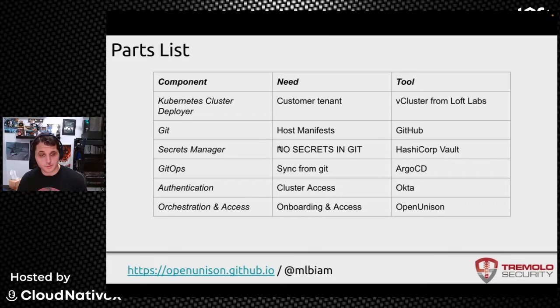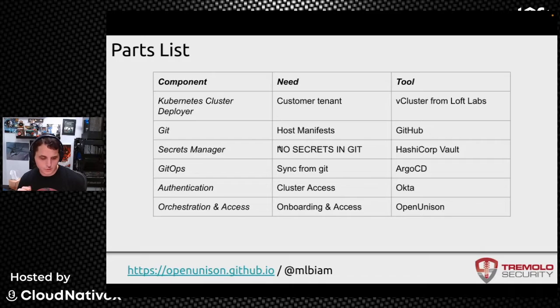Secrets management, we're going to use HashiCorp Vault, and we're going to use it in a multi-tenant fashion. So now we're not going to dive into how to configure a multi-tenant Vault. That's another show. But we are going to show how each vCluster is going to be registered in Vault so that it can securely communicate with Vault to retrieve secrets out of Vault for workloads in that vCluster.